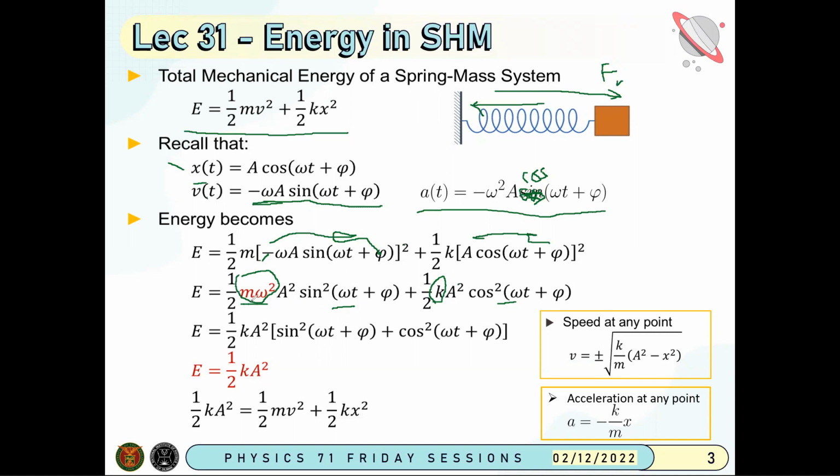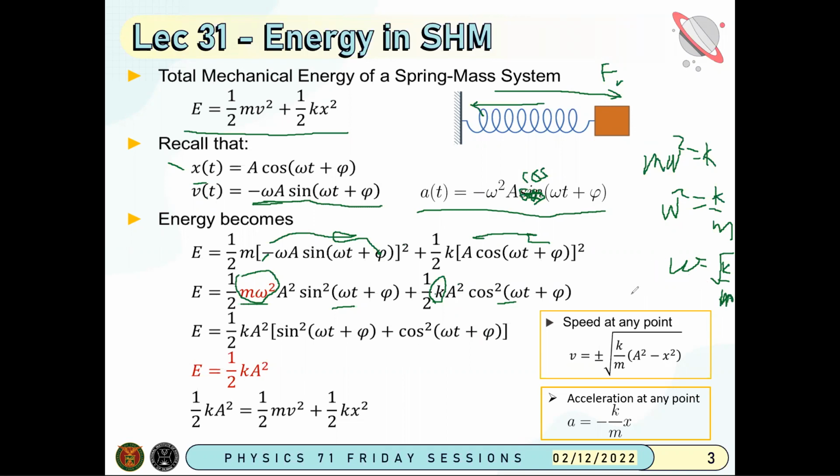So equate natin terms na to, m omega squared equals k, right? So omega squared equals k over m, or omega equals square root of k over m. So yung angular frequency for a spring mass system is given by square root of k over m.